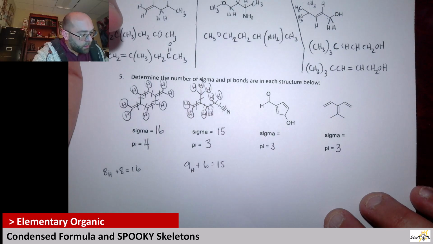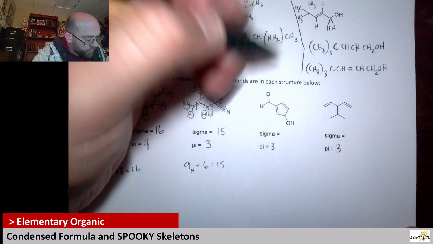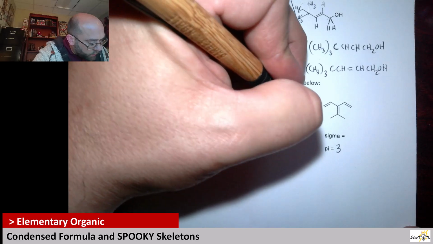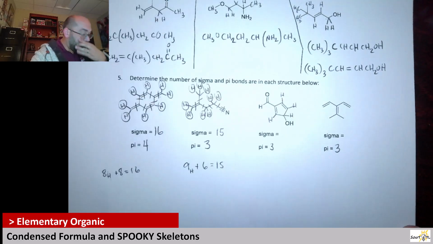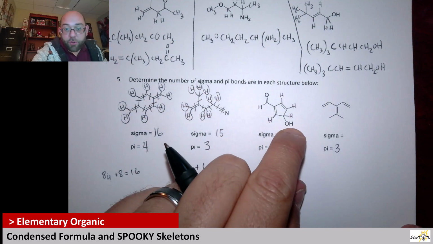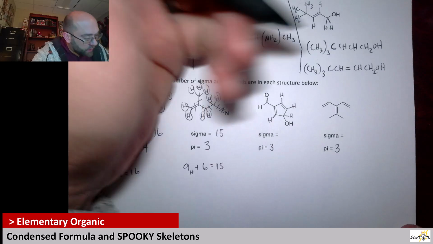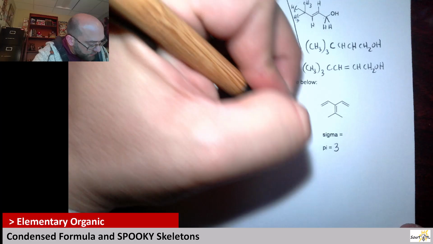All right, let's do the same thing here. Let's go ahead and show all the hydrogens. So the only hydrogen there is shown. There isn't any hydrogens there. There's 1 there. There's 1 there. There's 1 there. And there's 1 there. Okay. And then I'm also going to circle the hydrogen on that oxygen as well, because there's a sigma bond between the O and the H. So for just hydrogens, it's 1, 2, 3, 4, 5, 6.